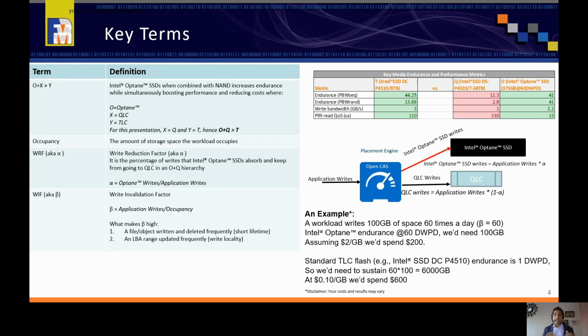Now, standard TLC flash, for example, Intel P4510, where endurance is 1 drive write per day, we would have to buy 60 times 100, 6 terabyte storage. At 10 cents a gigabyte, that would cost us $600. So $200 Optane versus $600 TLC flash. It is a no-brainer that if certain data classes in the workload have endurance demand higher than a beta cutoff, and the cutoff in this case is 20, placing it on Optane will be cheaper and faster.